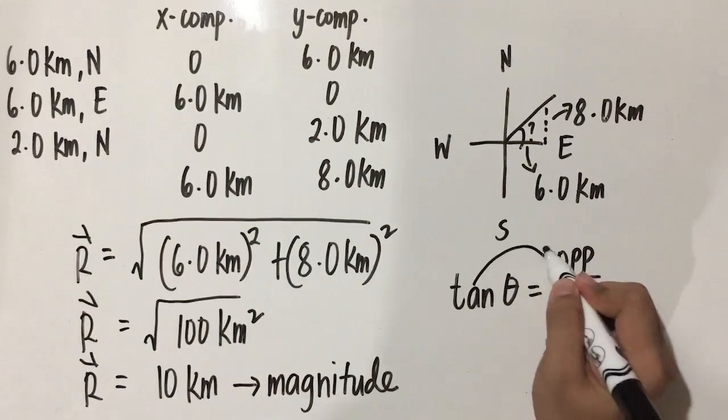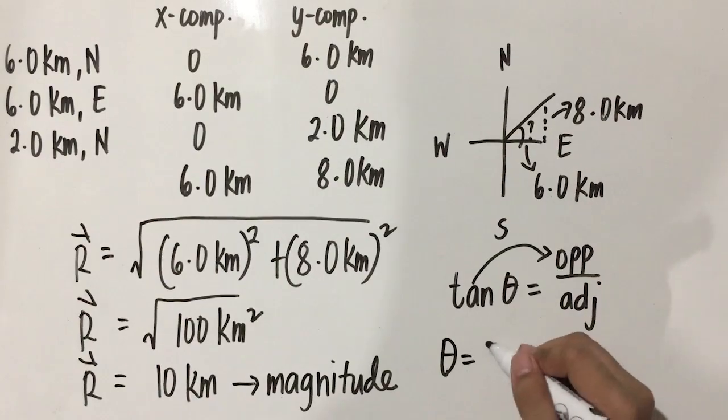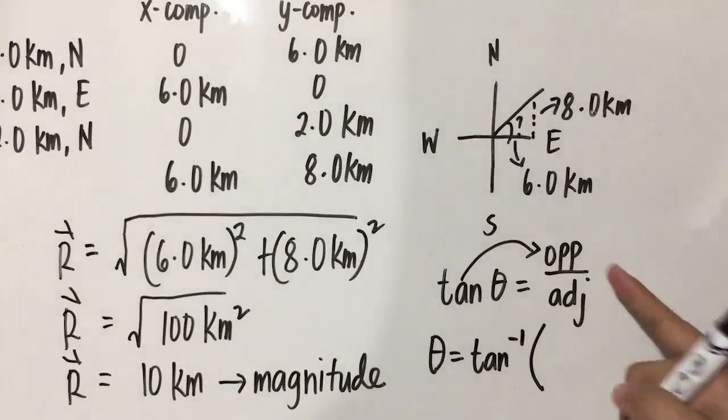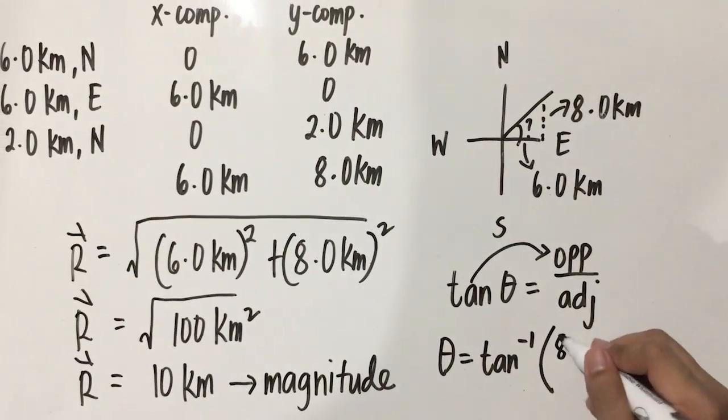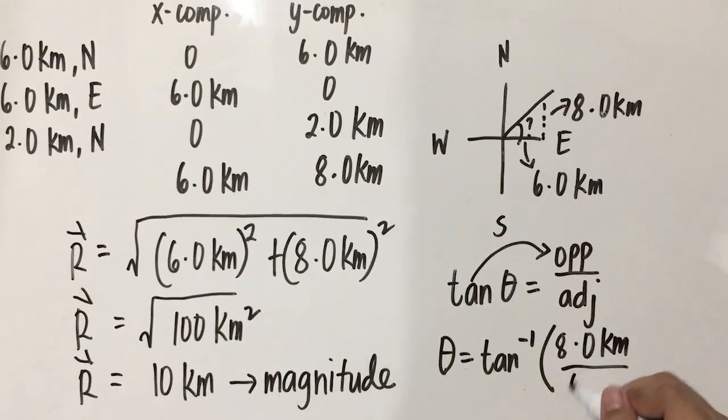So we have to transpose tan to the other side, making it angle theta is equal to arc tan. The value of opposite is 8.0 kilometers over 6.0 kilometers.